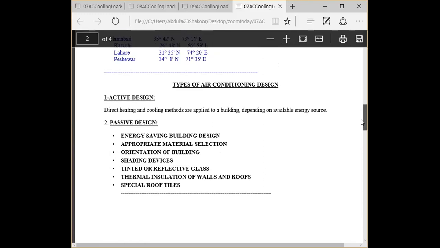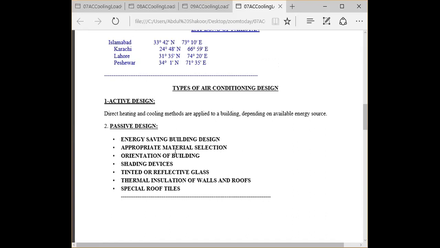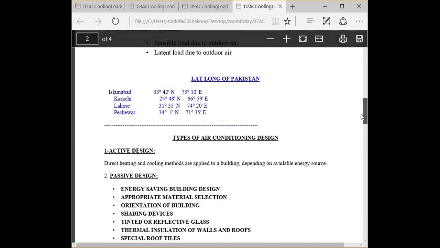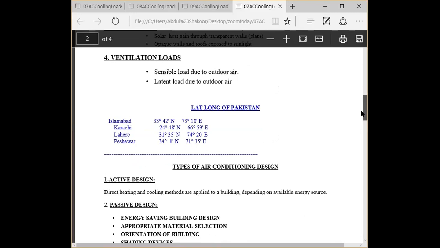So when the building is designed taking into consideration these aspects, then this is called passive design. Active design means now the building is ready, or maybe not done, but we have architectural drawings.